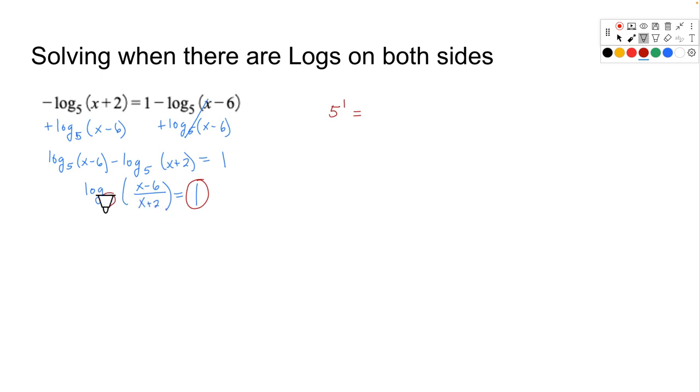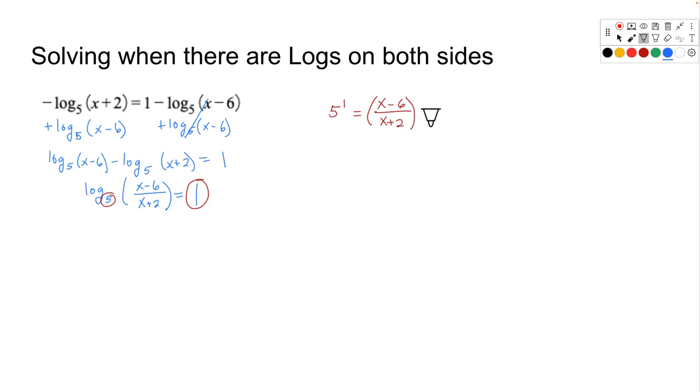So we're going from a logarithm equation to an exponential equation. x minus 6 divided by x plus 2. We put parentheses, we don't have to. And so now we can solve this. Okay, so we've got the logarithm out of here. The parentheses are actually no longer needed, and we can finish solving off with this thing.